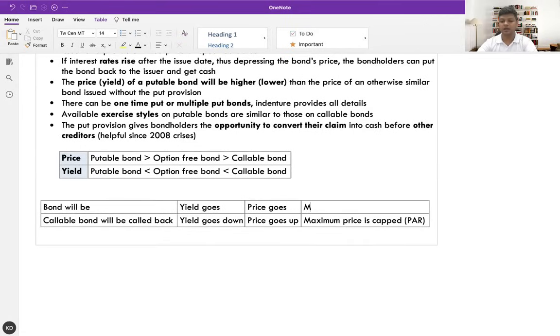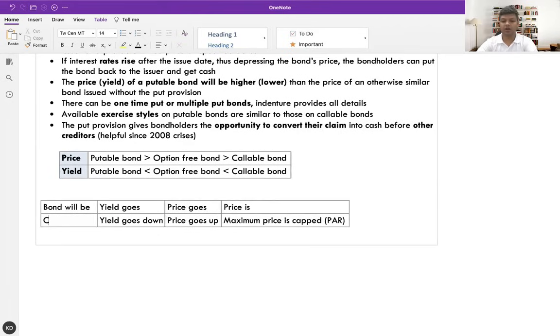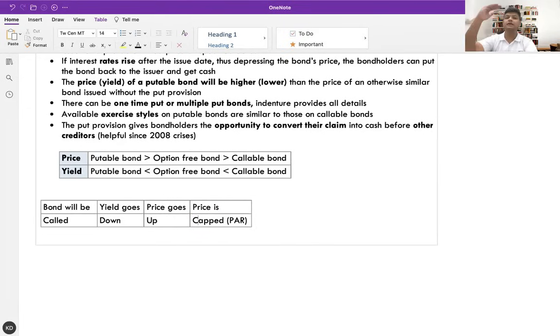Okay, so I will write callable bond. The bond will be called when the yield goes down, when the prices go up, and the maximum is capped at par. So the price is, I can say, capped at the top at par.